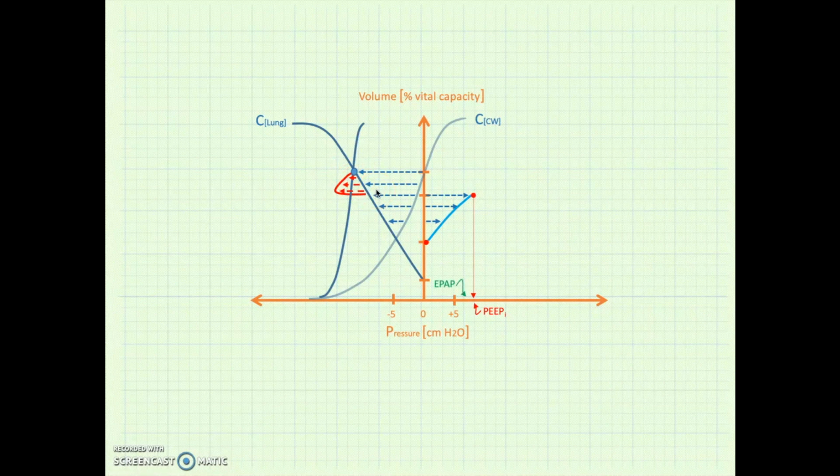So what the application of end expiratory pressure, or expiratory positive airway pressure, or CPAP, does, if you set it to roughly 80% of the intrinsic PEEP, is that the ventilator actually takes over this energy here. The energy to the system is being offloaded by the ventilator.